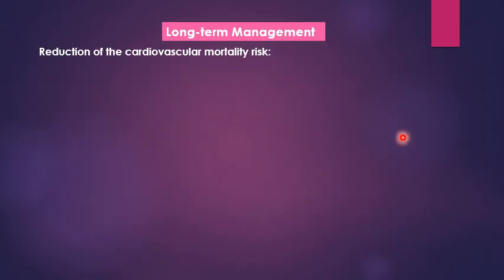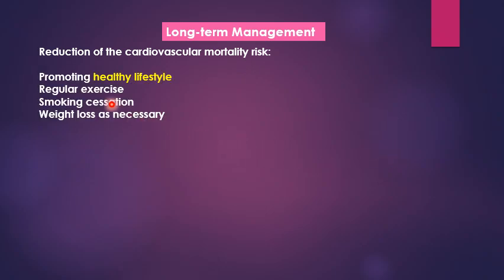Okay, long-term management of a patient with acute limb ischemia after treatment. Promoting a healthy lifestyle is very important. Regular exercise, smoking cessation, weight loss as necessary, same as in chronic limb ischemia. Most of these patients have some degree of chronic limb ischemia.